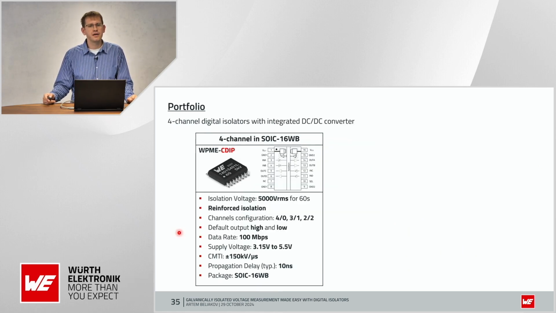Okay, you can see here part of our portfolio, because we have 4-channel digital isolators with integrated DC-DC converter. These products have isolation voltage up to 5000 volts according to the UL 1577 standard, and also provide reinforced isolation according to VDE or IEC standards.